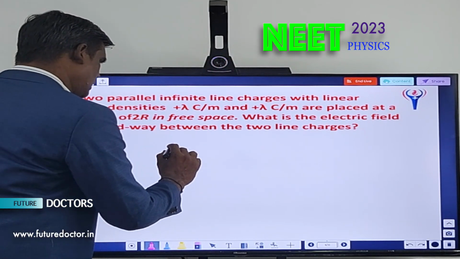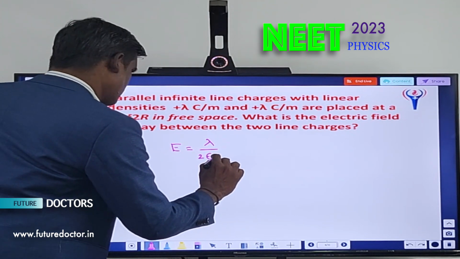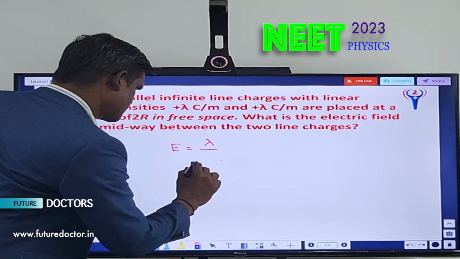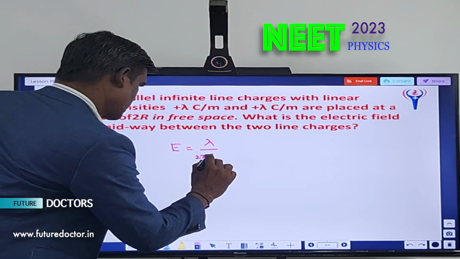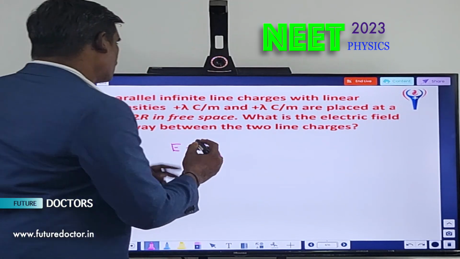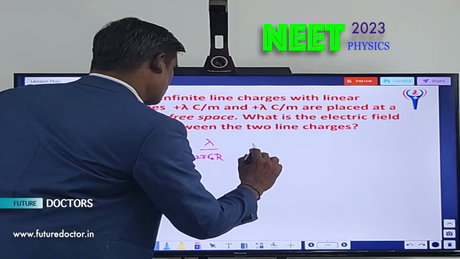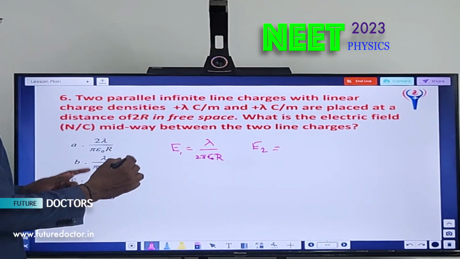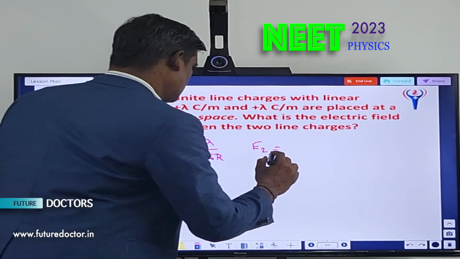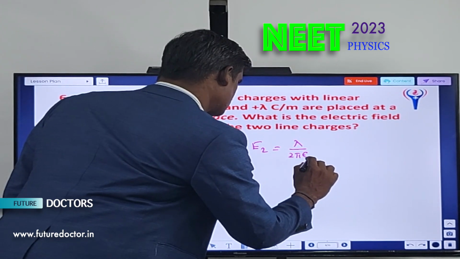The formula is E equals lambda by 2 pi epsilon naught R. For plus lambda we have E1, and for minus lambda we have E2. Since 2R apart means R from the middle, E2 is also lambda by 2 pi epsilon naught R.